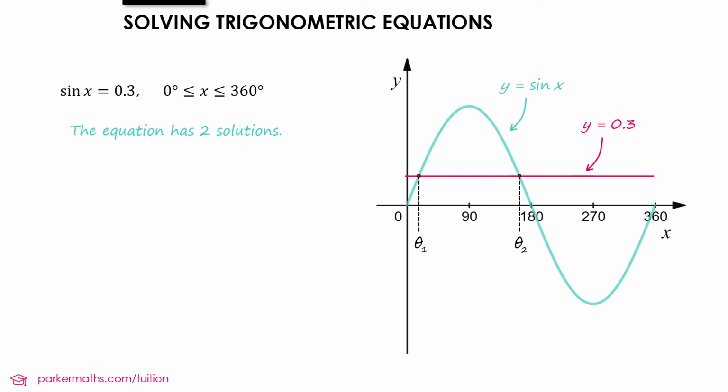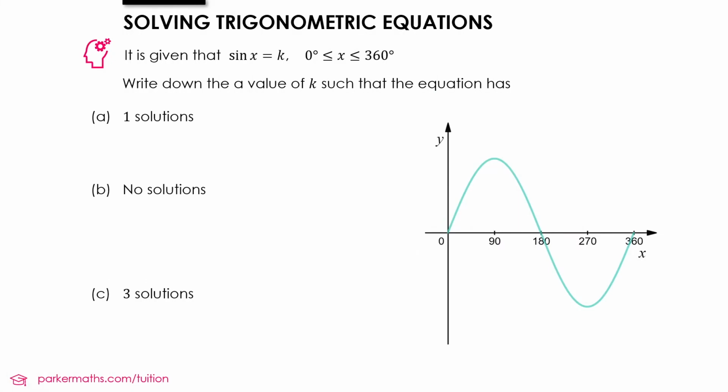And as we've seen previously, these 2 solutions are linked by the symmetry property for sine, which says that the second solution is 180 minus the first solution. And so the way we would often go about solving trigonometric equations of this form is we would first of all use our calculator to find a solution. In this case, we'd do inverse sine of 0.3, and then we would use the symmetry property to get a second solution.